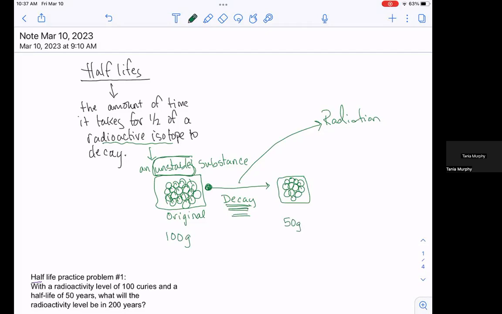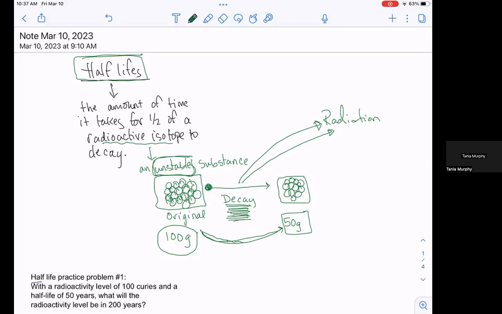The half-life is the amount of time it takes for 100 grams of this substance to cut in half. In the process of decaying, it gives off radiation, and at the end of that process, one half of its original mass remains, one half of the number of original isotopes.